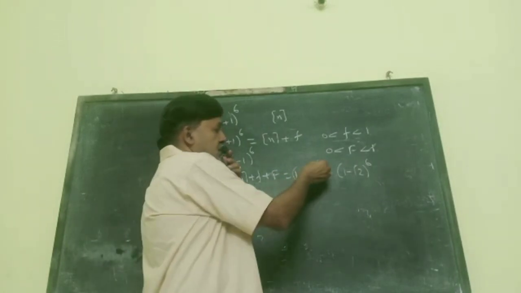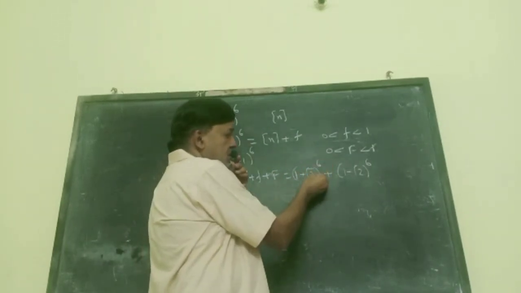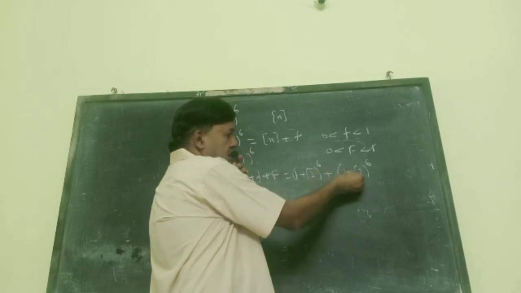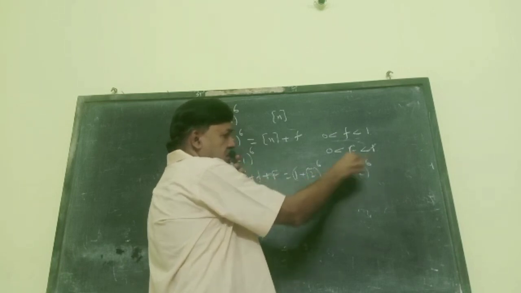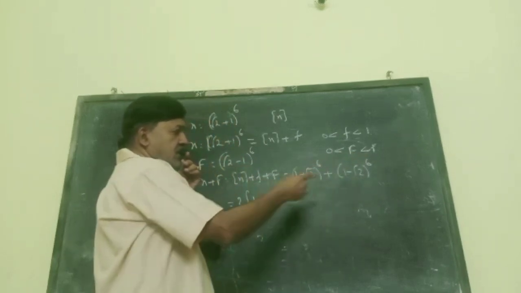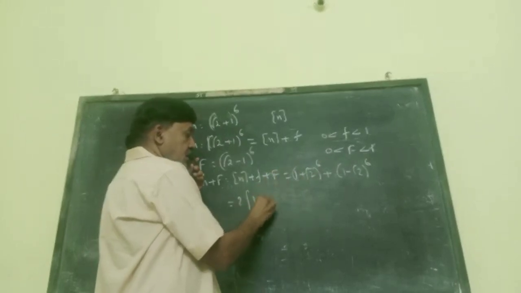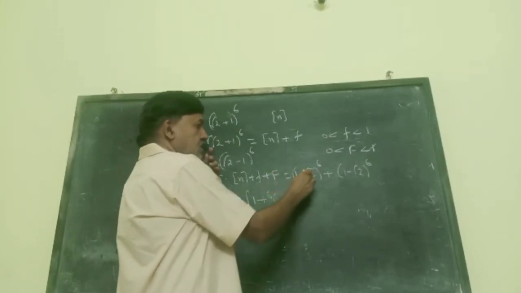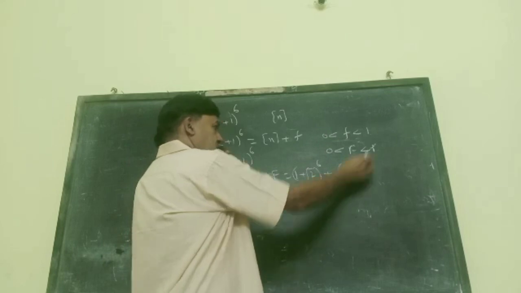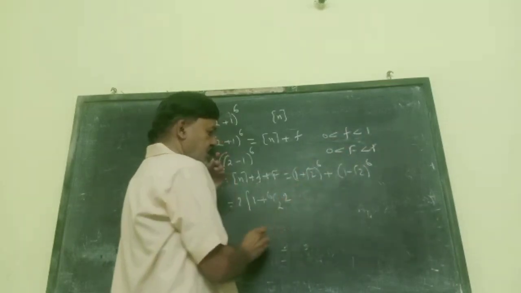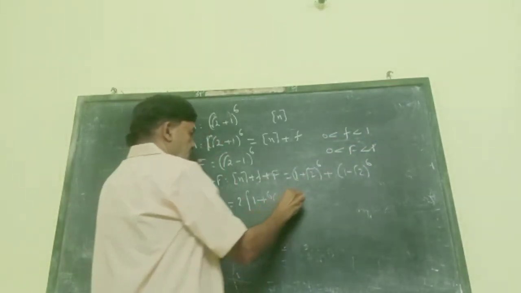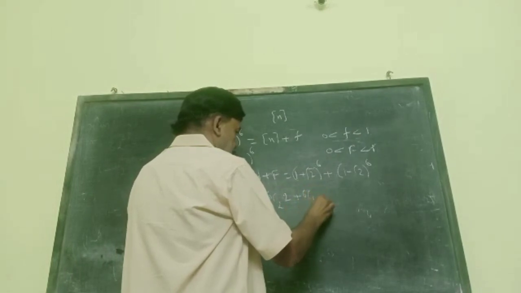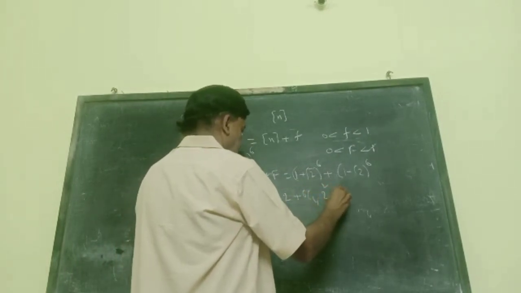Then 6c1 root 2. Here minus 6c1 root 2, they will cancel. So second terms will cancel. Third term is 6c2 root 2 whole square, it comes twice. Next we will get 6c4 2 square.